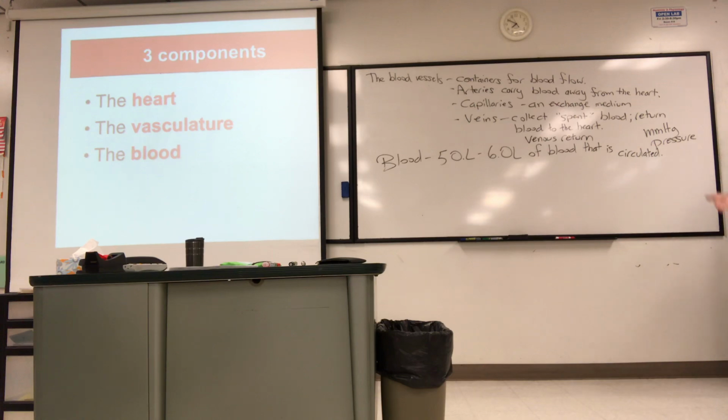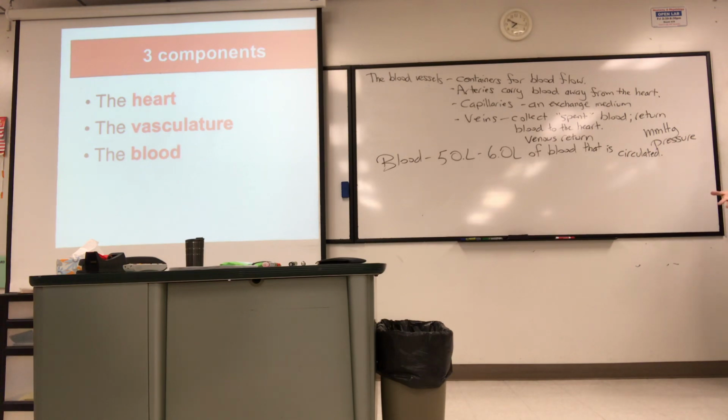People always say, maybe you hear watching TV, oh, you've lost a lot of blood, or you hang around hospitals. And what's a lot of blood? About 1 liter. That's a lot. You can kind of have these reflexes to keep your blood pressure up. Once you start losing too much, blood pressure drops. And why is that bad? If there's no pressure, you can't push blood to the capillaries and you go into shock.